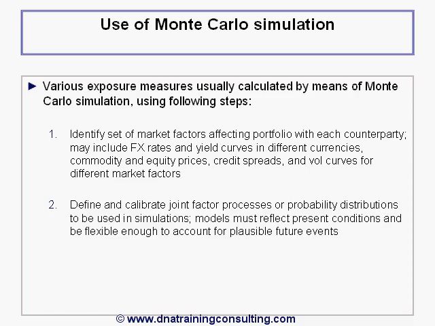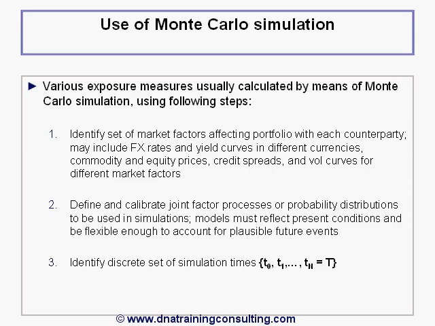Step 2. Define and calibrate the joint factor processes or probability distributions to be used in the simulations. The models must reflect present conditions and be flexible enough to account for plausible future events.